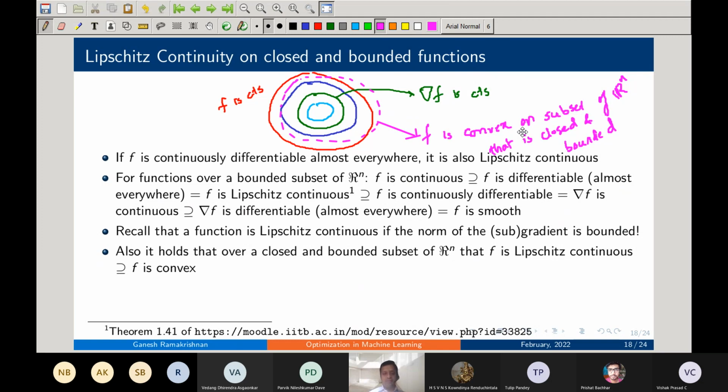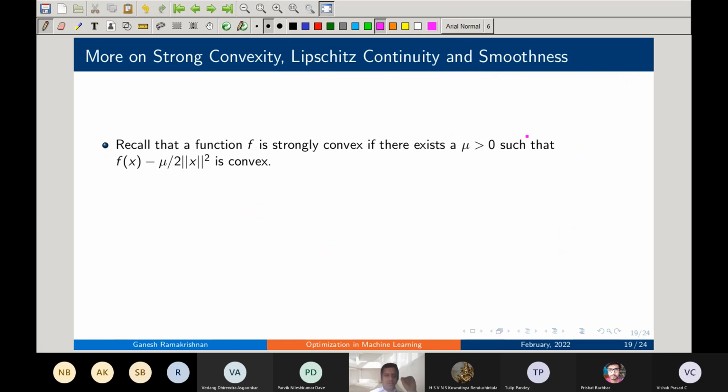Okay, so this is an interesting pictorial summary of what we are discussing.